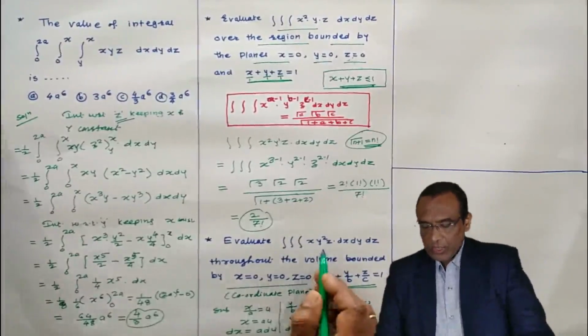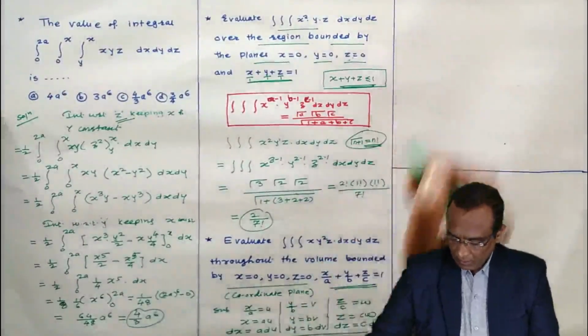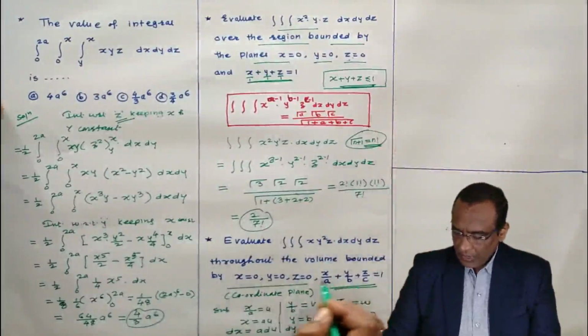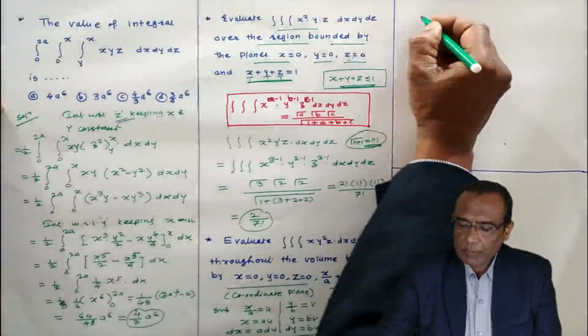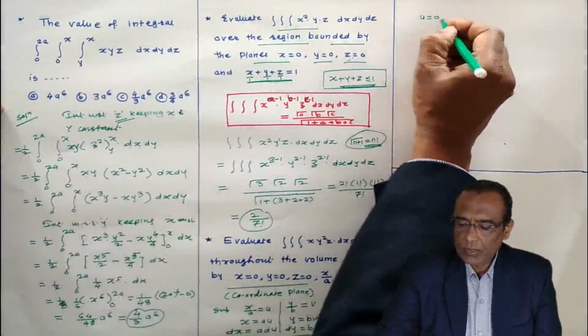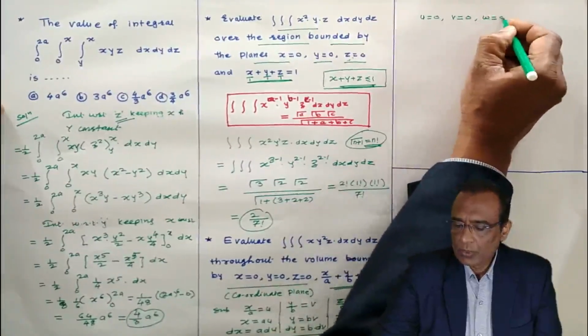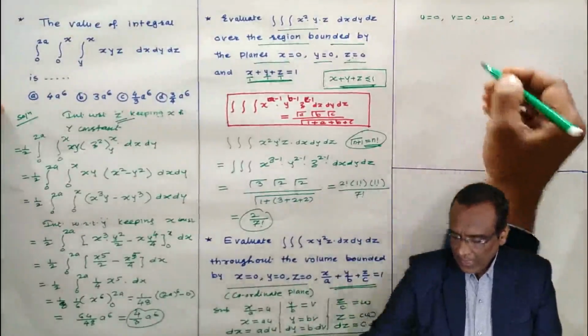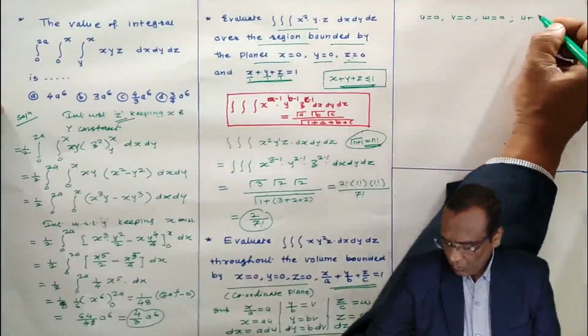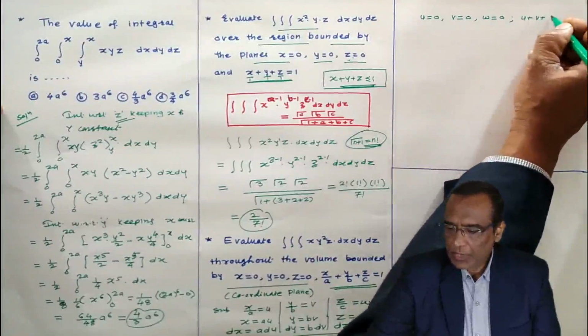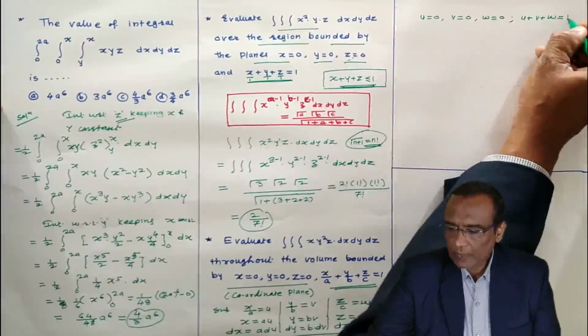Now the condition becomes like this: u equals 0 because x is 0, v equals 0 because y is 0, w equals 0 because z is 0, and x by a is u, y by b is v, and z by c is w, equal to 1.